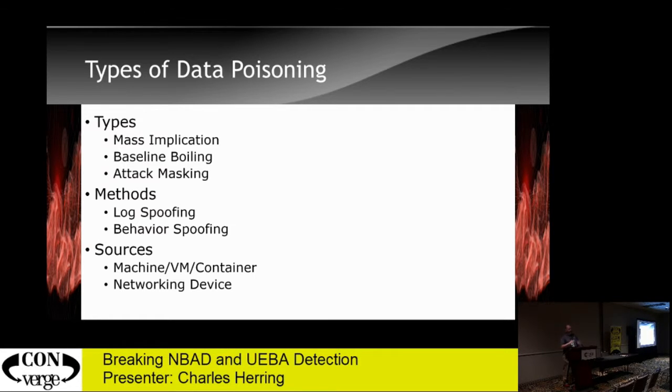Attack masking is when you're doing one type of attack, but then you generate fake records that make it look like something else, that makes the responder unable to determine which is which.